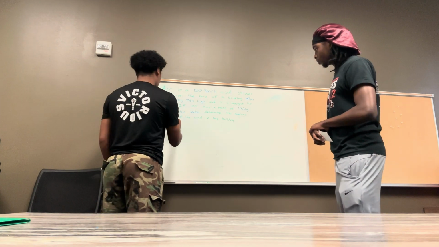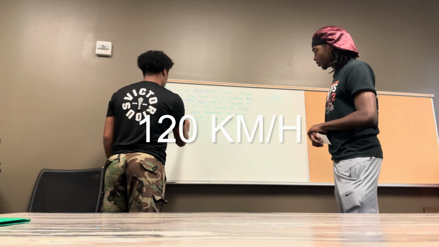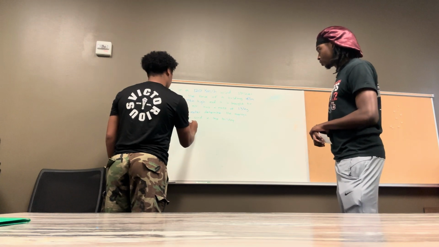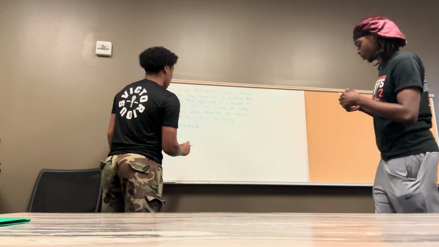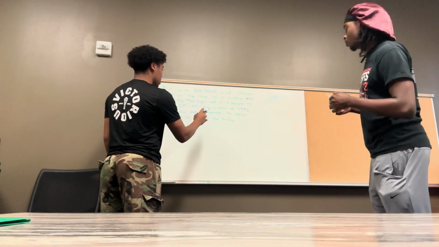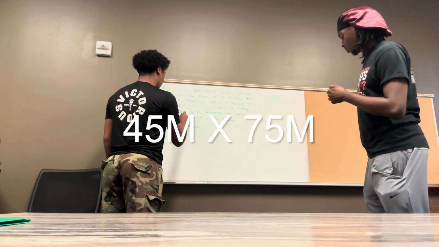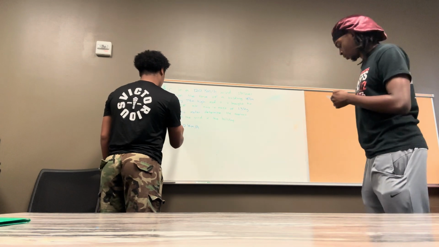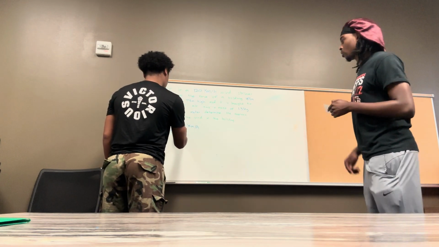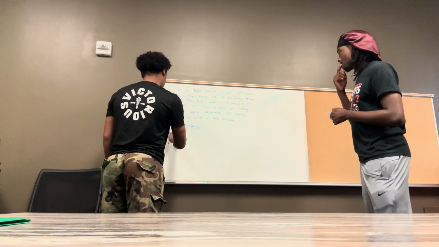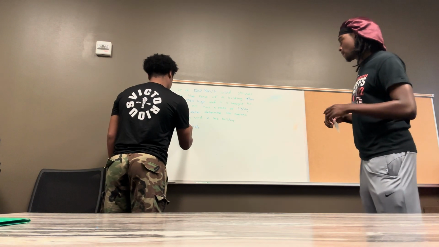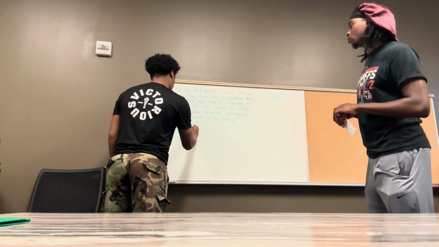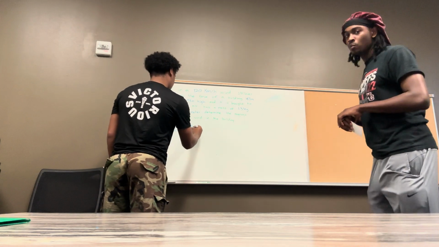That's going to be our initial velocity, so I'm going to put V is equal to 120 km over h. The second part is our dimensions. We know it's 45 by 75 meters high. So I'll write that: length is equal to, width is equal to 45 meters, and then height is equal to 75 meters.